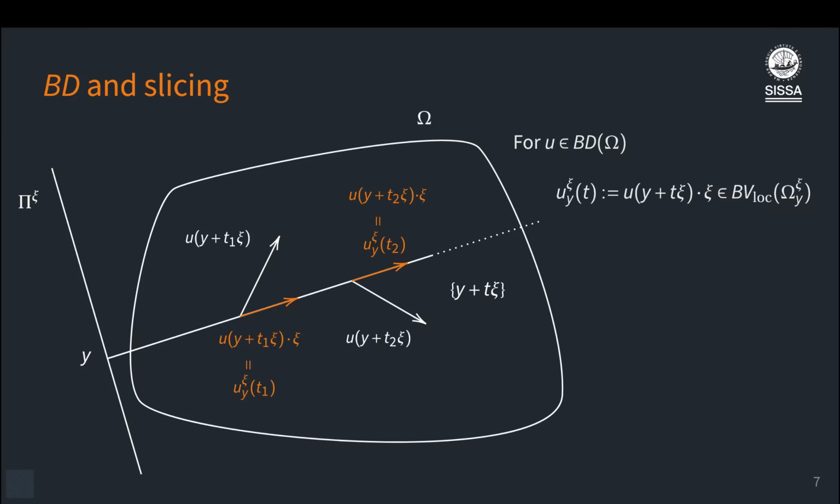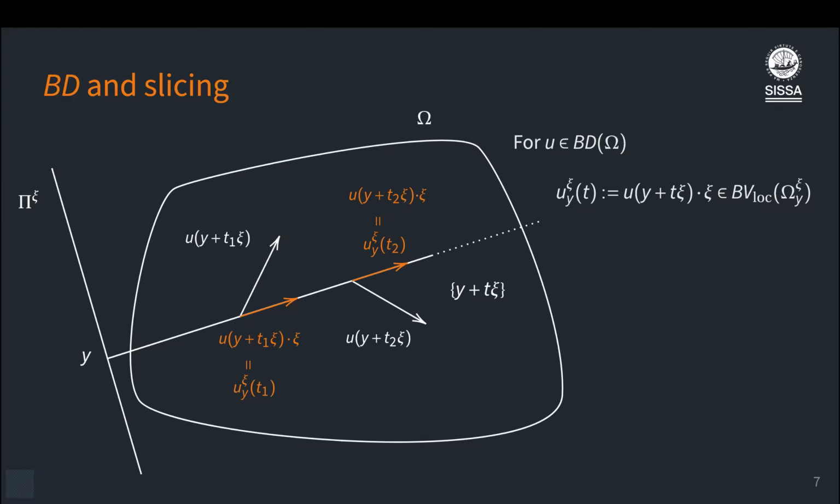So what Ambrosio, Coscia and Dal Maso strongly used also in the paper was that if I take the restriction of my function to one of these lines, and then I take the projection of this function in direction ξ, so here you can imagine a function of one variable that moves along this line. To every point it associates a vector.